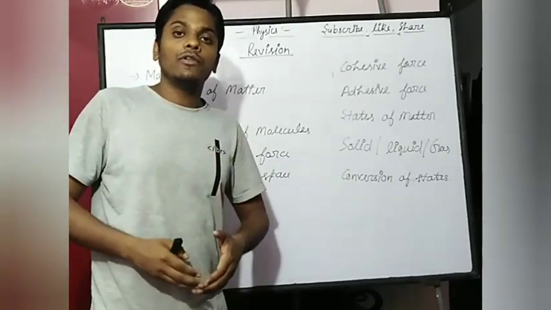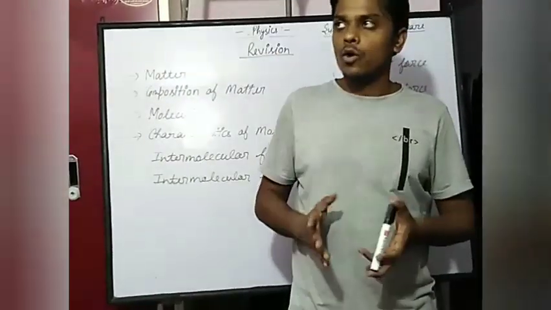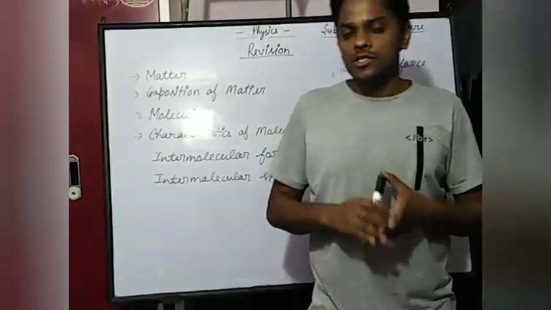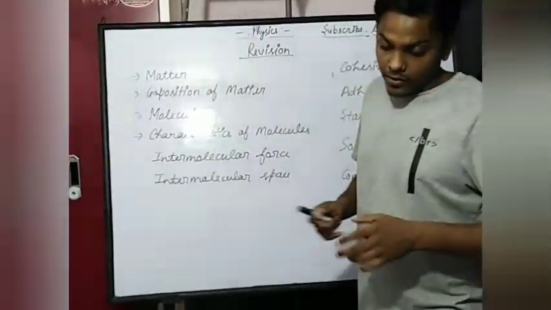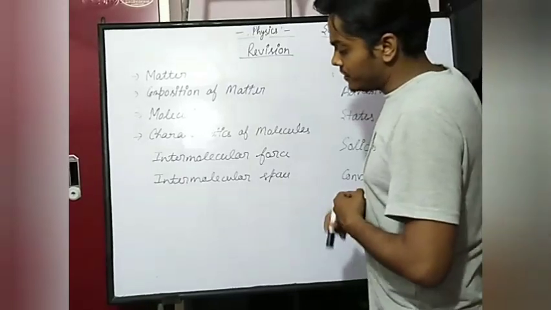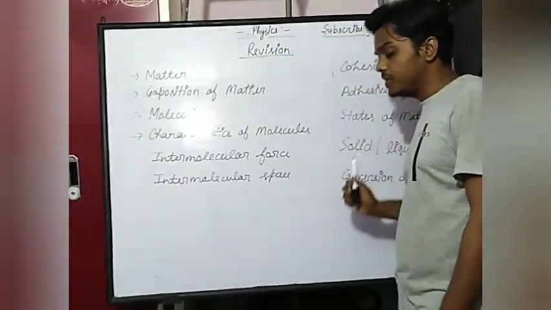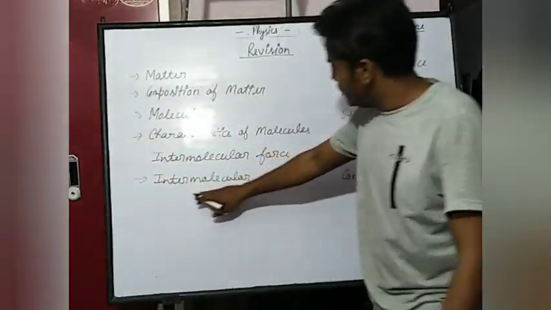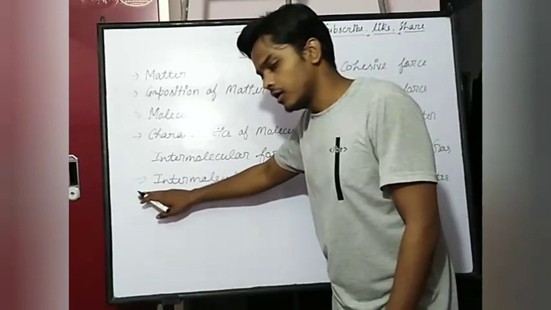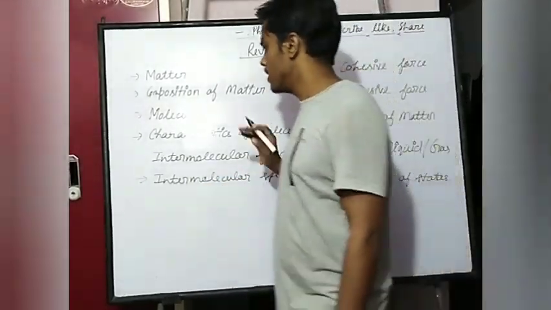Most of the molecules cannot be seen even through a microscope. Now, matter particles have a space between them, that is known as intermolecular space.